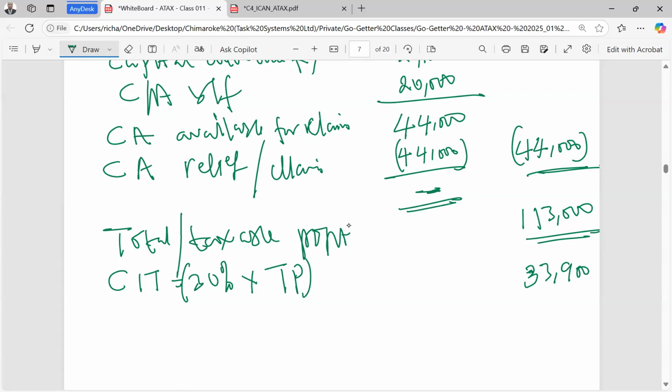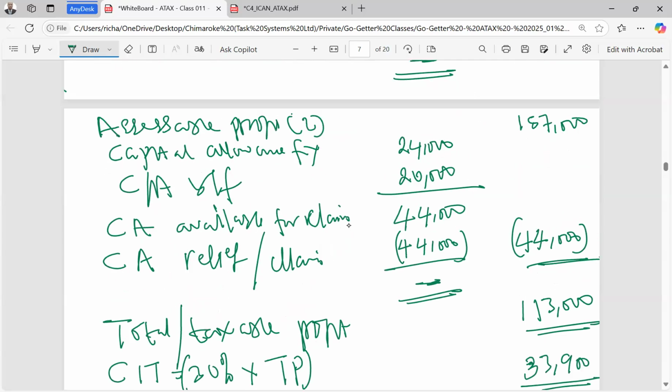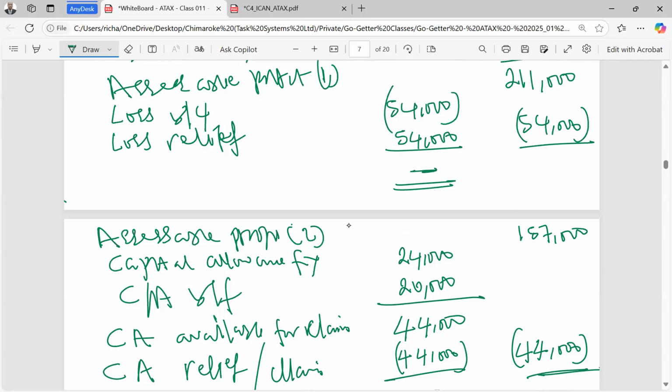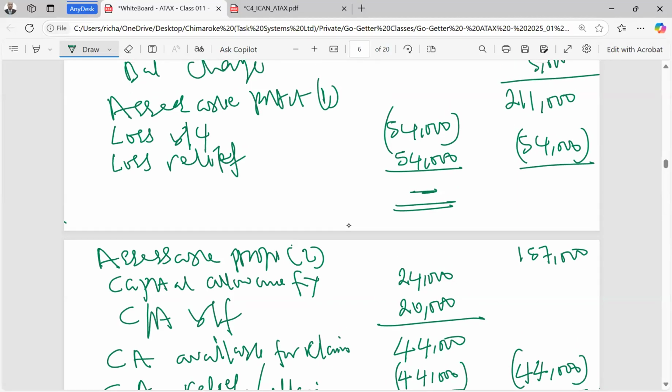$33,900. Now this is your CIT. Your tertiary education tax is going to be 2% of accessible profit 1. So remember, the first accessible profit you get is where you calculate your tertiary education tax from.